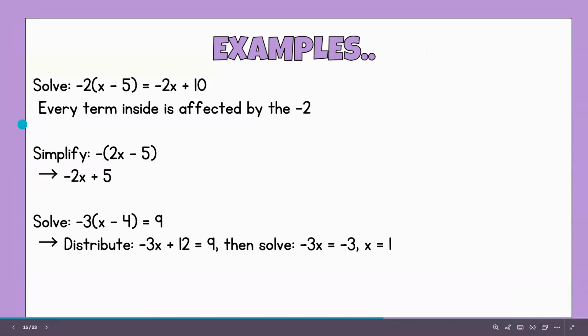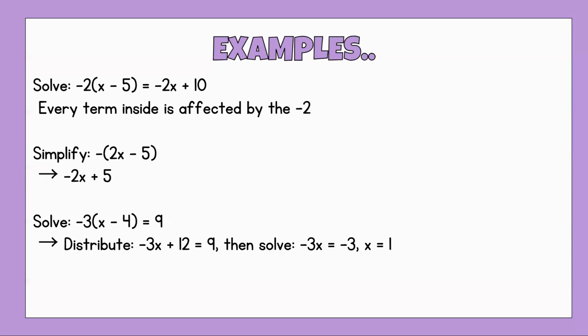Now, minus 2 times (x minus 5) is equal to minus 2x plus 10. How is it minus 2x plus 10? Why isn't it minus 2x plus minus 10? You may wonder. So minus 2 into x will of course become minus 2x. That is very simple.